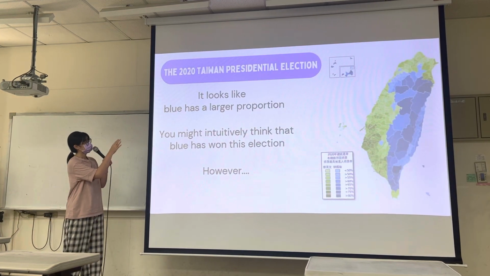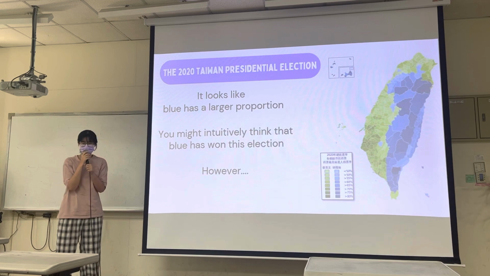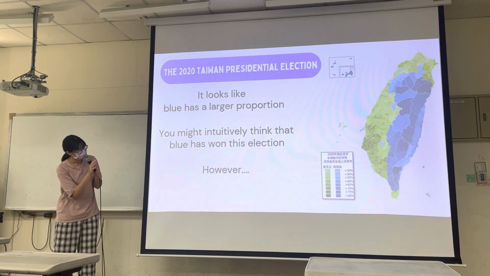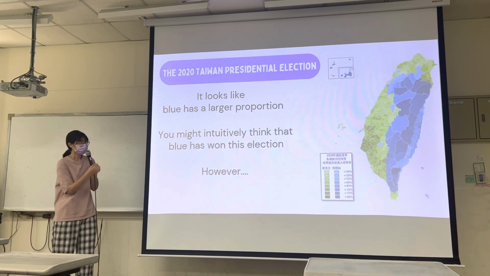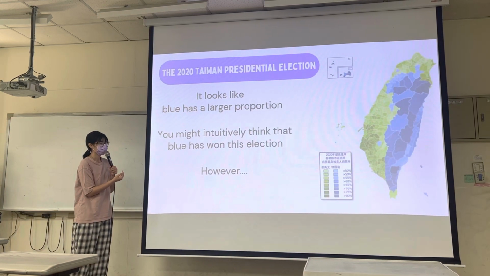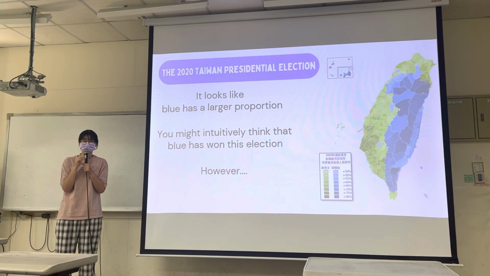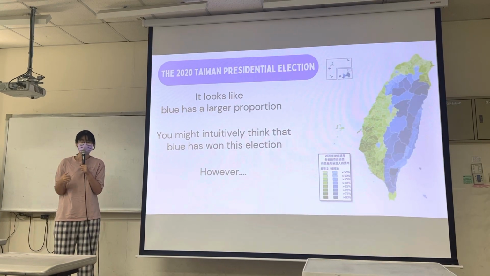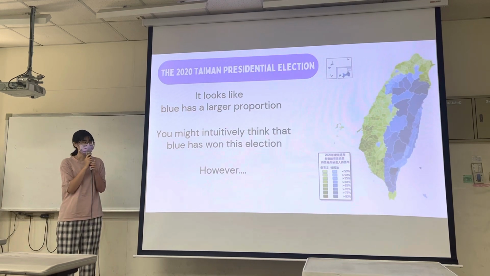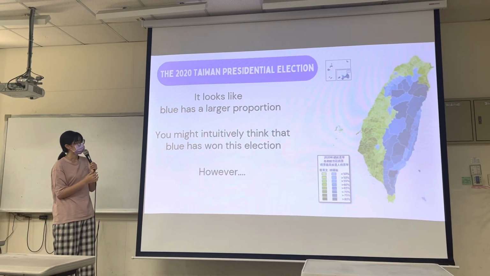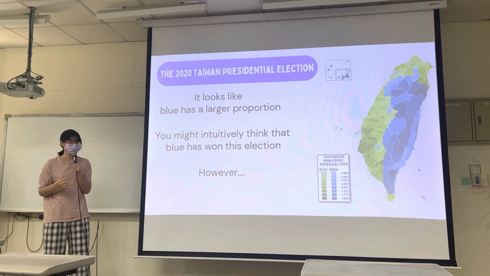Let's look at the 2020 Taiwan presidential election. The blue represents the Kuomintang led by Han Kuo-yu, and the green represents the Democratic Progressive Party led by Tsai Ing-wen. From this map of the vote allocation, it may seem like the blue has a larger proportion.